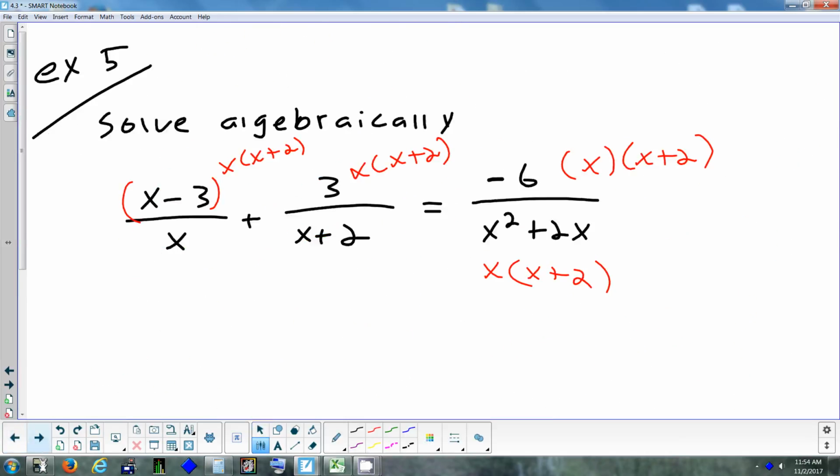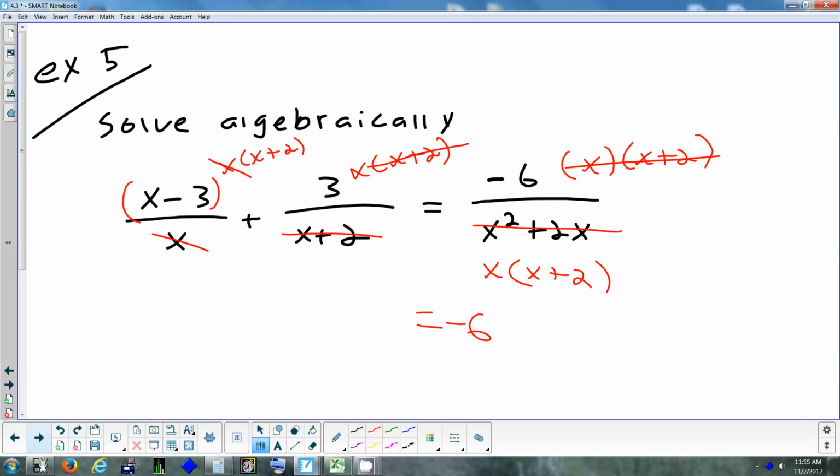Okay, but before you do that, cancel out anything that the top and bottom have in common. What would cancel in the first fraction? Second fraction? Plus 2. And third fraction? The whole thing. So if you want to write down the right-hand side right now, we can.